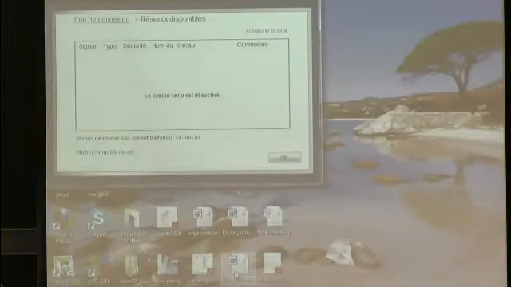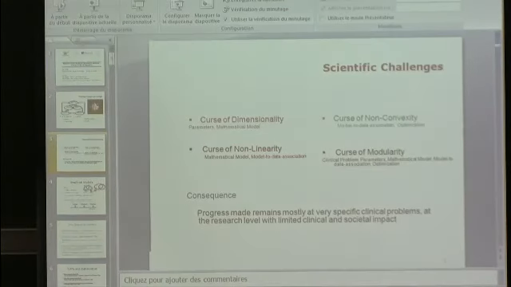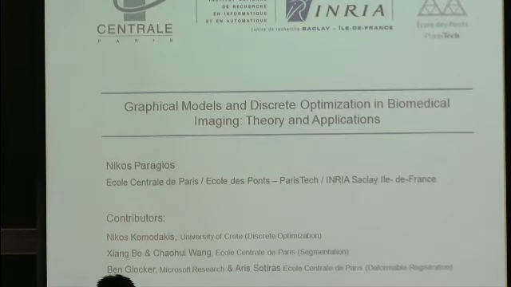Go ahead. It's in French, right? Yeah, that's fine. I think it's in English, the menu. Okay, now it's much better. Fantastic. Thank you so much.